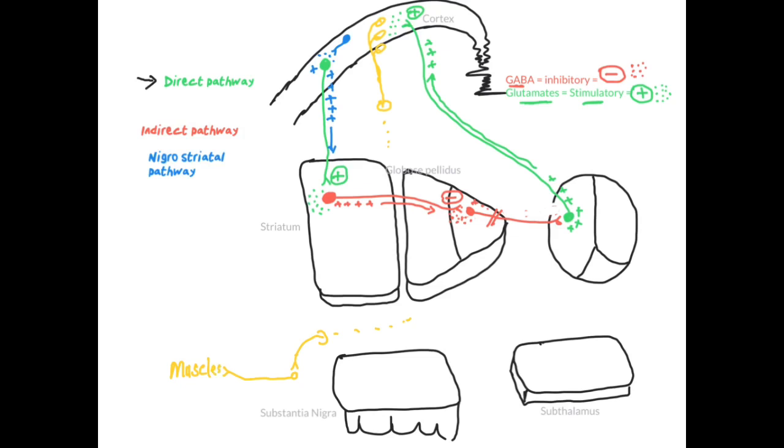Let's say the direct pathway stimulates the agonist muscle. These agonist muscles are, let's say, flexor muscles, to do the action and flex your muscle. So this is your direct pathway and how it works and stimulates.